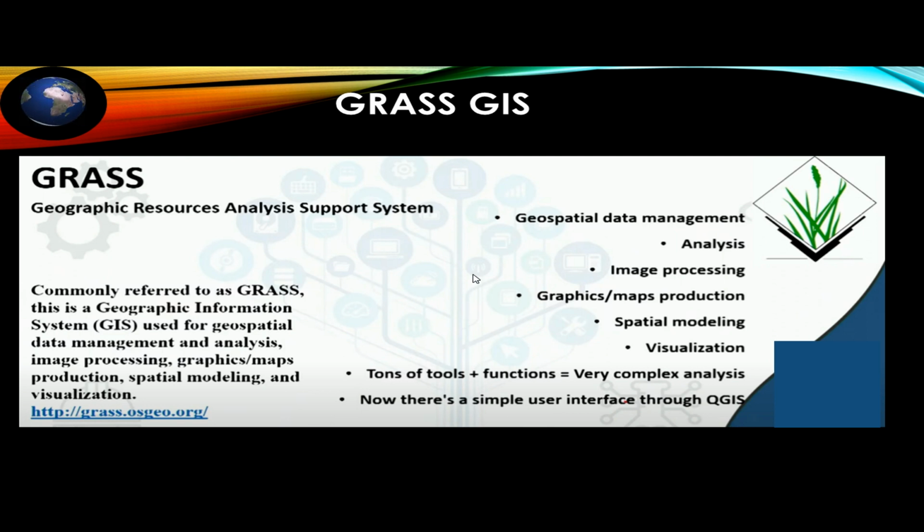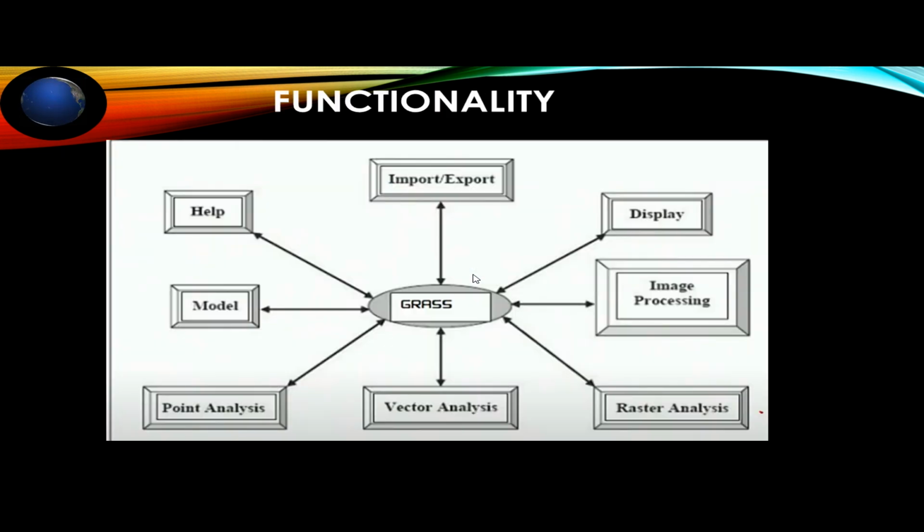It will be helpful for geospatial analysis and data management, for image processing and graphics. This tool also has a number of options for analysis, map making, spatial modeling and visualization. So this tool is available for complex analysis of raster datasets. The functionality of GRASS includes image processing, raster analysis, vector analysis, point analysis, models, and import, display and export.